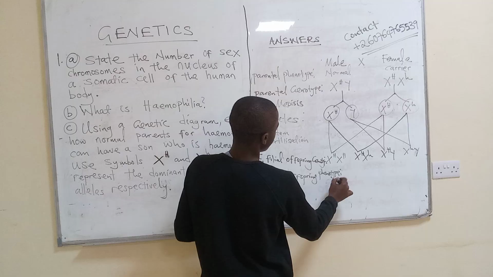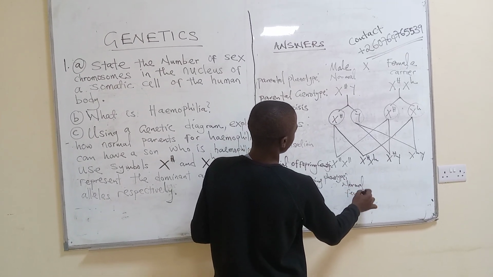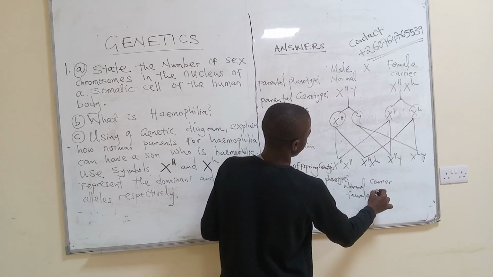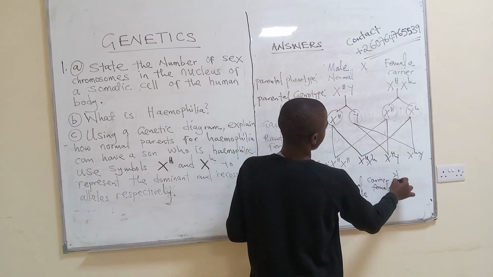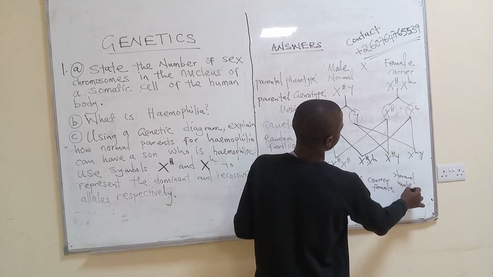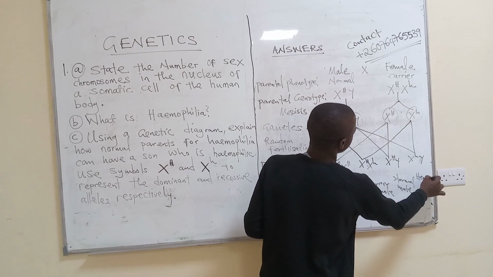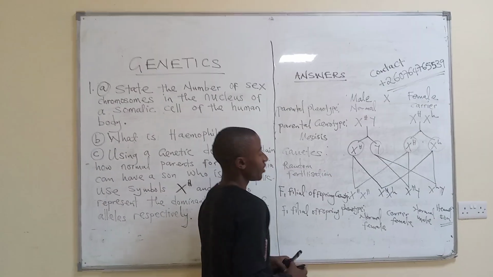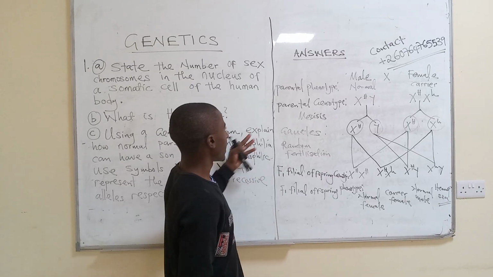This one is the normal female. This one is a carrier female. This one is the normal male. And this one is hemophilic, the hemophilic son. The son was sick.